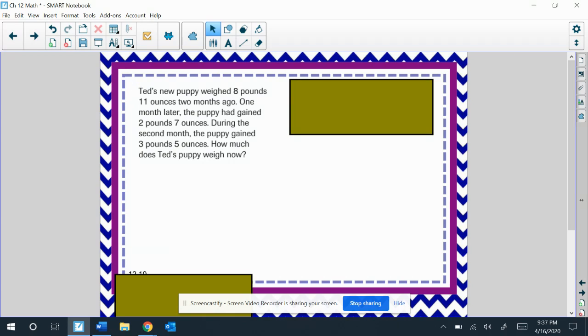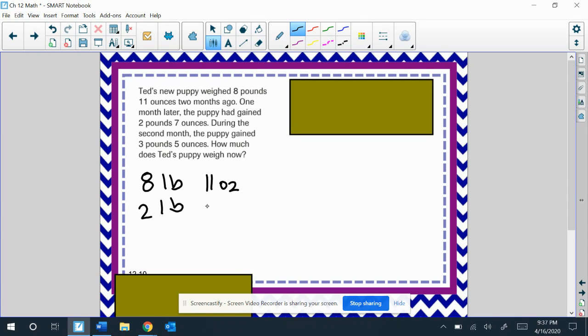I'm going to do this one with you because it looks like it's fairly multi-step. A couple of problems. Ted's new puppy weighed 8 pounds, 11 ounces 2 months ago. I'm going to write that down. 8 pounds, 11 ounces. Then 1 month later, the puppy had gained 2 pounds, 7 ounces.